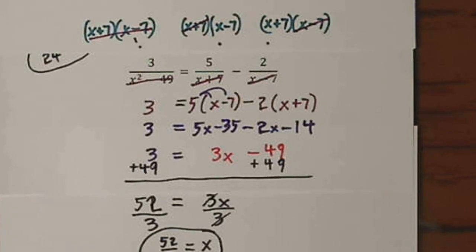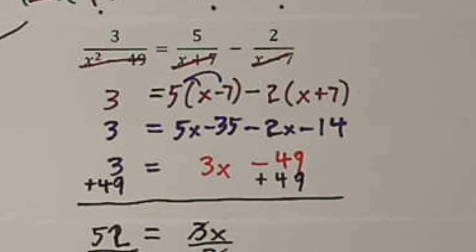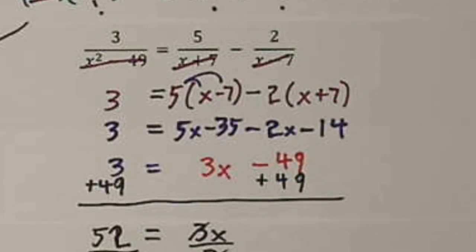Okay, now there are some worksheets that I also have posted under Unit 4 worksheets. I'll zoom in on this a little bit. And I don't think you can really read that, but it's solving proportional equations and other rational equations. And in these worksheets, number 5, 6, and 12 could cause some confusion.